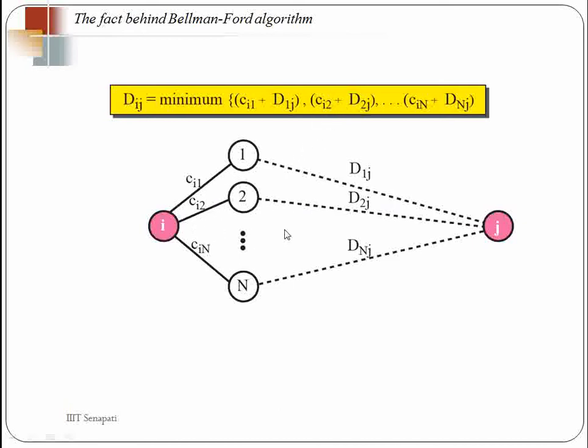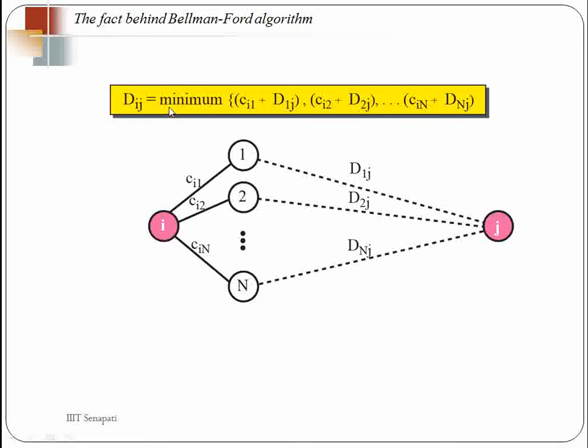Similarly, we will add all the distances through all the intermediate nodes, all the neighbors of I. So n neighbors, so n distances we have, right? So this value plus this value, for this plus this value, and then we find the minimum value, whether this is minimum or this is minimum or this is minimum.